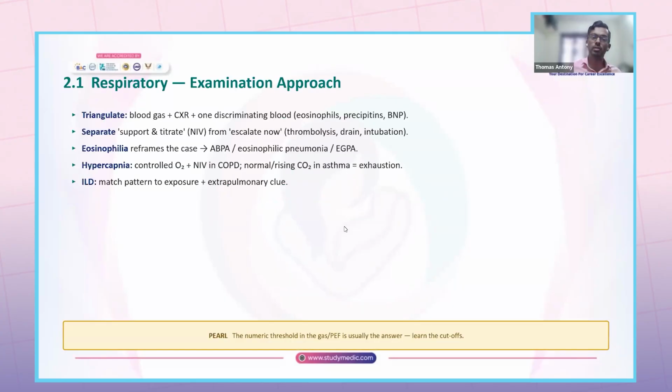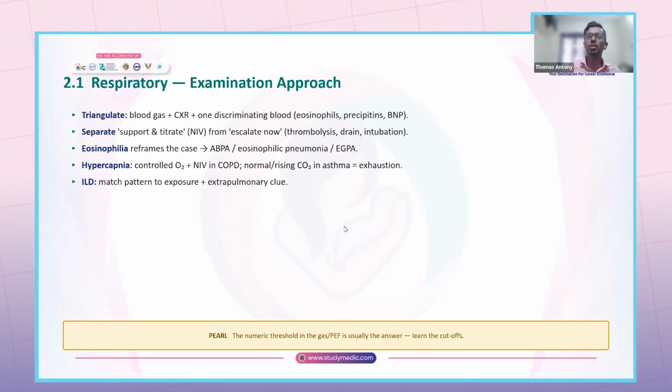So in the approach to respiratory questions, we have to triangulate based on the blood gas analysis. Most of these questions will have an ABG, depending upon the condition, the scenario. Then chest X-ray and one discriminating blood test.